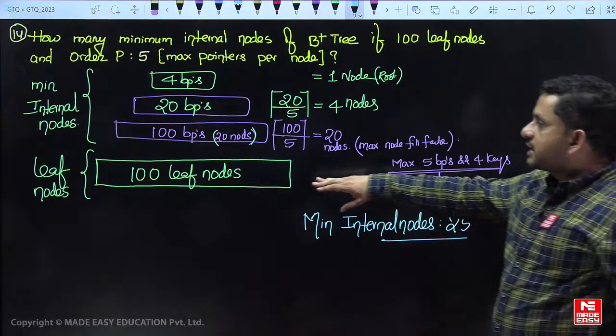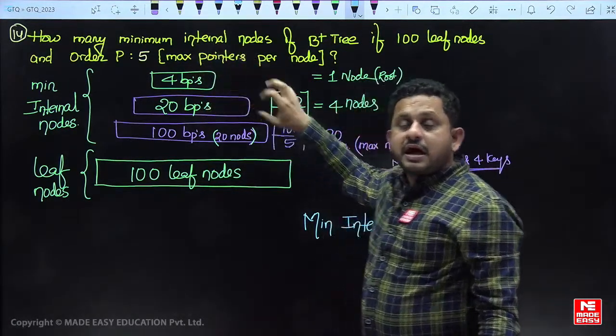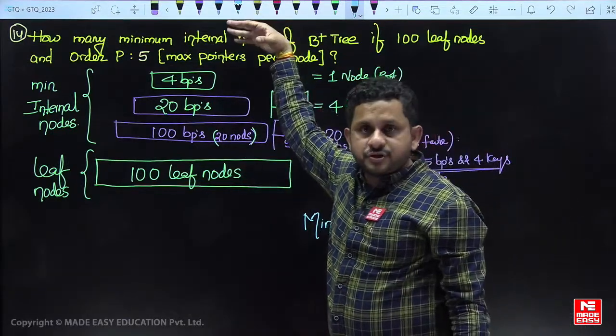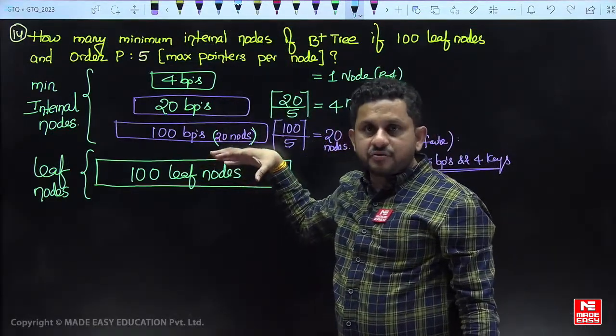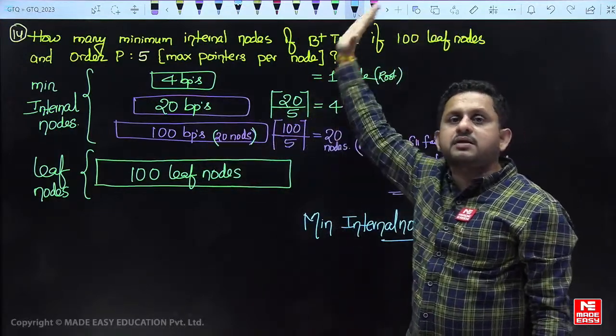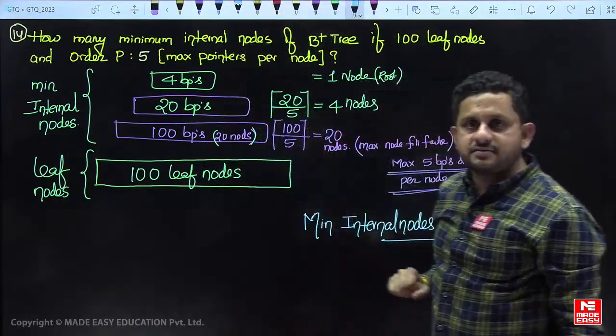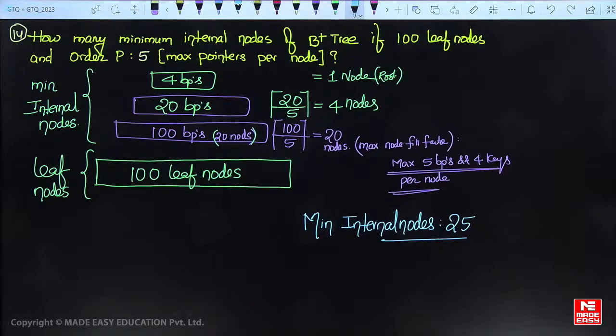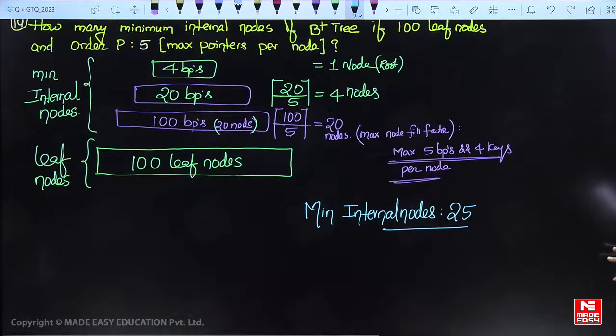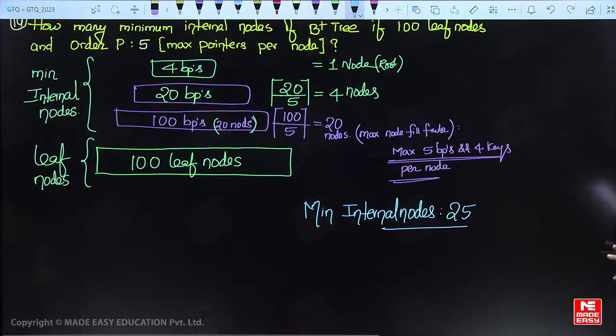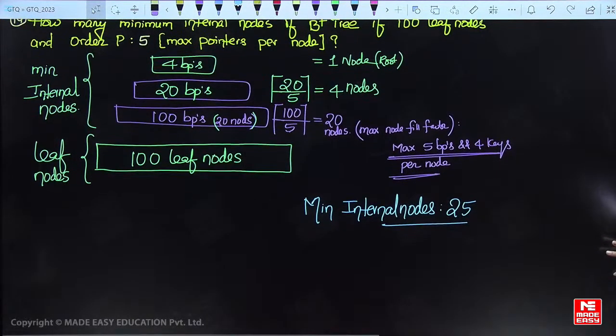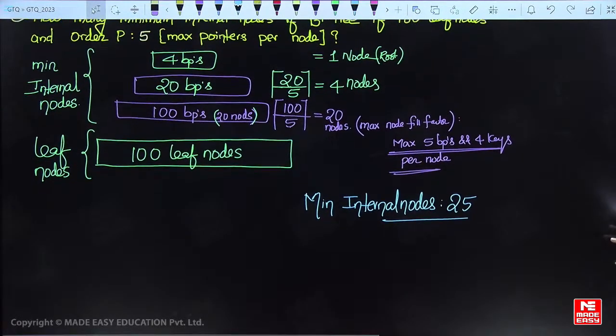Whenever leaf nodes are given to construct internal nodes, or keys are given to find the number of nodes, for the B plus tree you can consider bulk loading. Bulk loading is the better method for this, right?